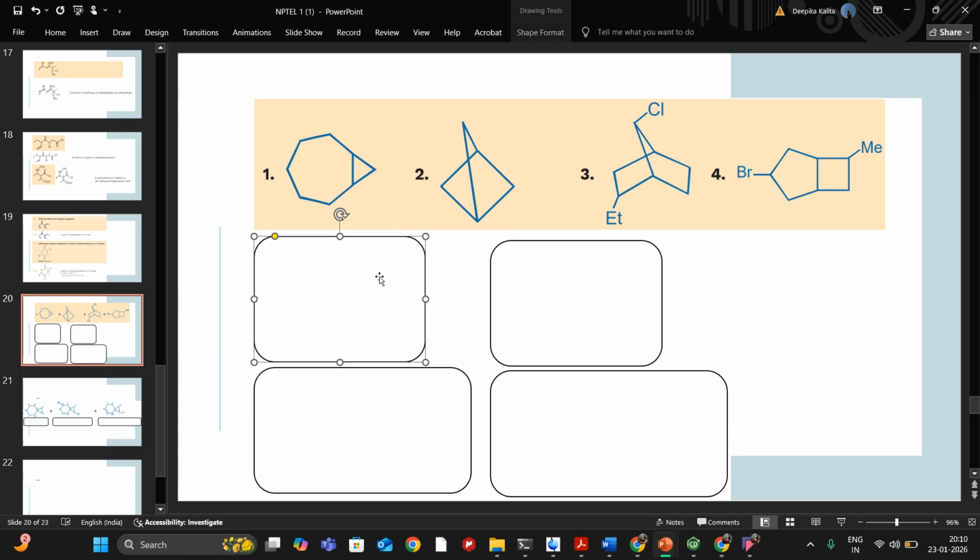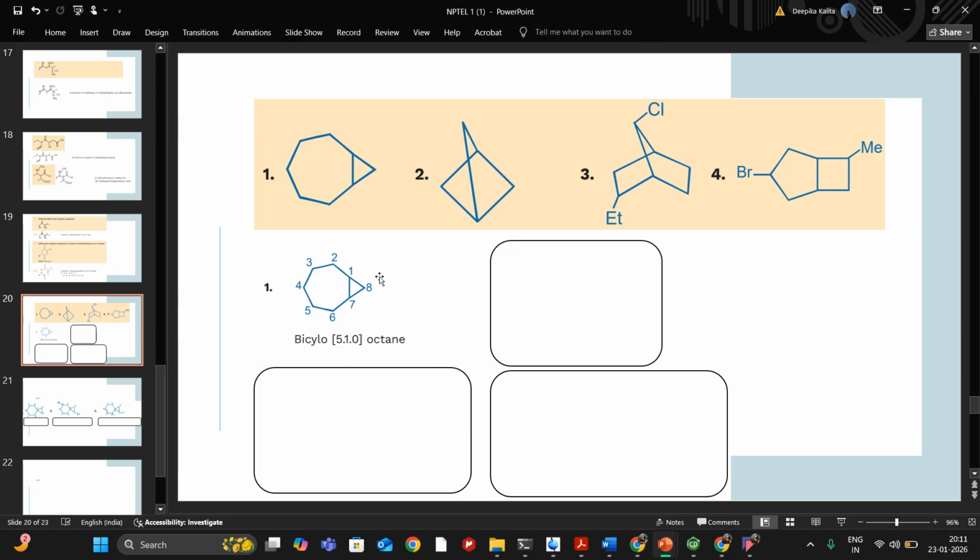Hence the first compound will be bicyclo 5 1 0, with 0 placed because there is no carbon atom in the fused part. Hence it will be bicyclo[5.1.0]octane, octane because the total number of carbon atoms in this bicyclic compound is 8.